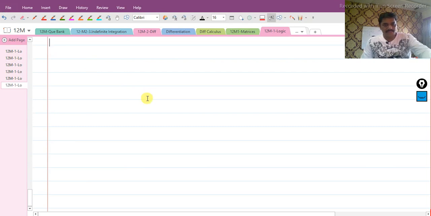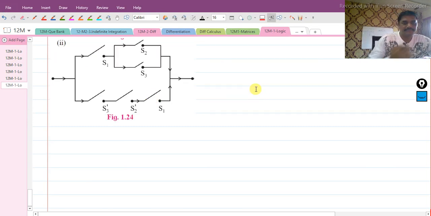Here is the next question. Now this has got S1, S2, S3. So let us write down the given statement in the symbolic form. Let P, Q, R be S1, S2, S3.